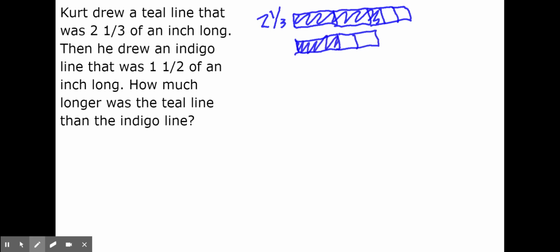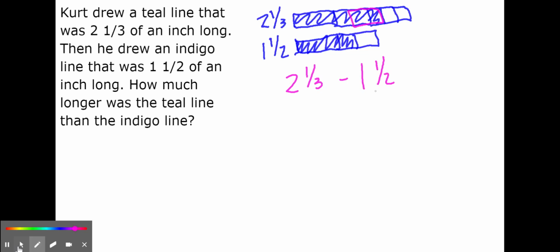So you know the first one is longer. Remember, on your papers, on your work, you do not have to draw diagrams. This is just for me to understand and to show you how this works. So we need to find out how much longer. So how much is this right here? Let's write our equation. 2 1/3 minus 1 1/2.